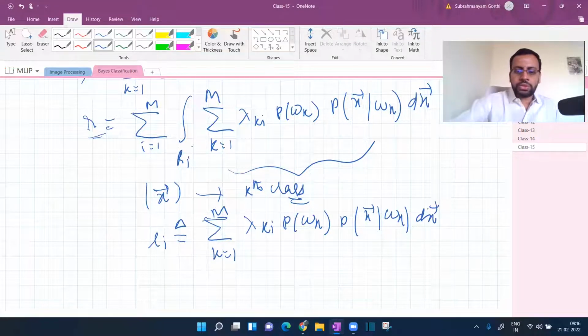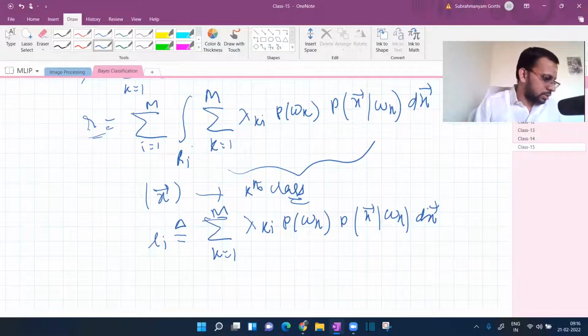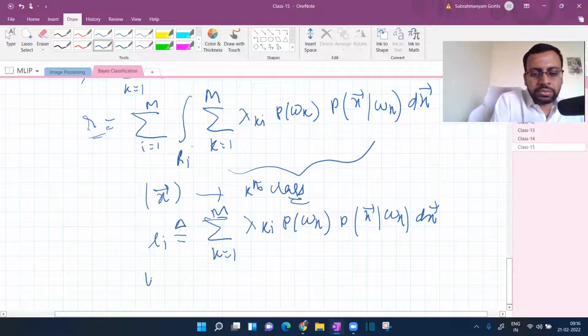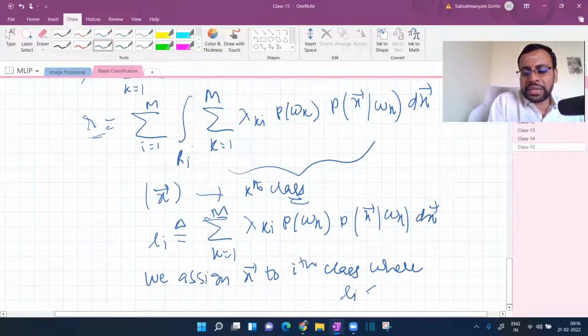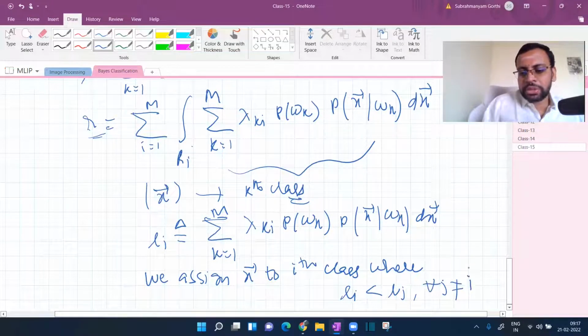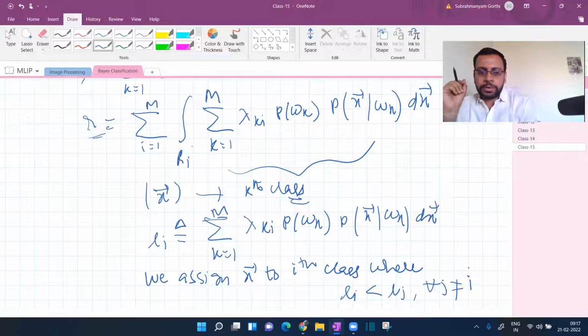Okay, so then we assign x bar to, let's say, ith class where Li is less than Lj for all values of j except the value of i.